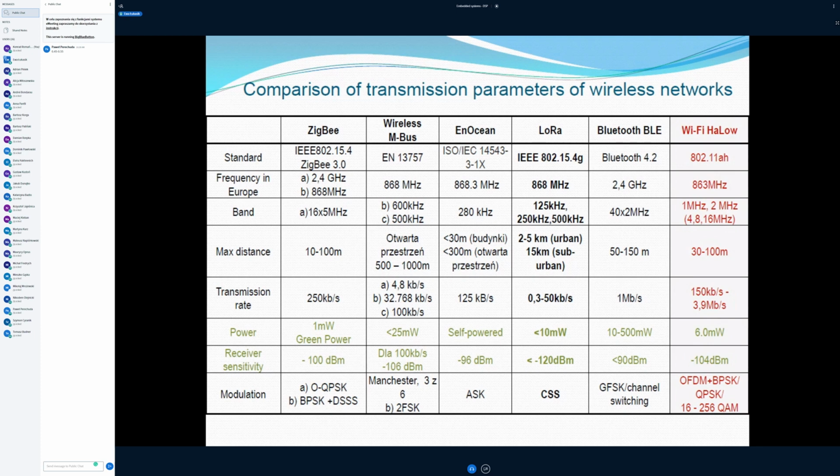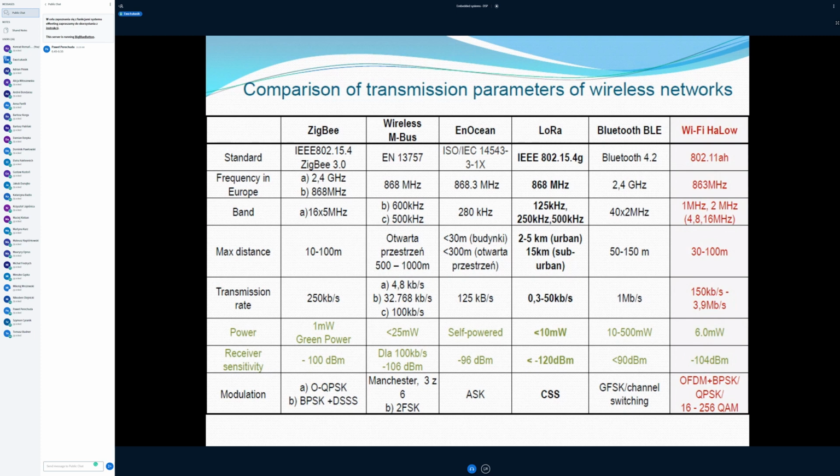Okay. So you can see how it looks. The sensitivity for LoRa is very, very high. And modulation. Oh, this is for the end of our meeting. 2 minutes. So you have QPSK, which is quadrature phase shift keying. It means that there are 4 values of phase.